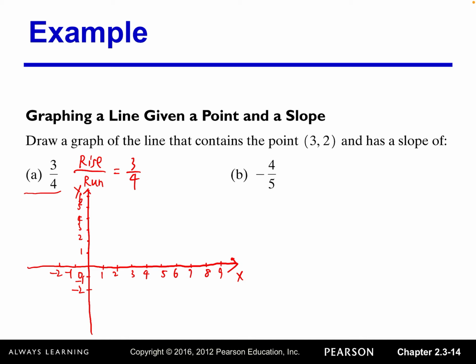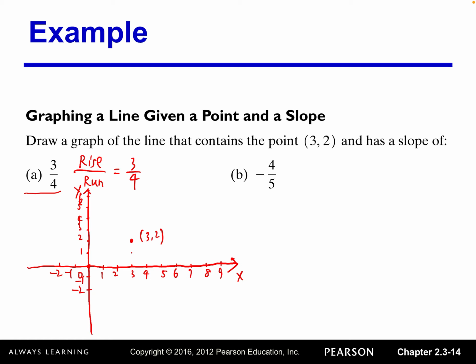All right, let's plot the point (3, 2) first. From the origin (0, 0), we need to move to the right 3 units and then go up 2 units. So this is the point (3, 2).